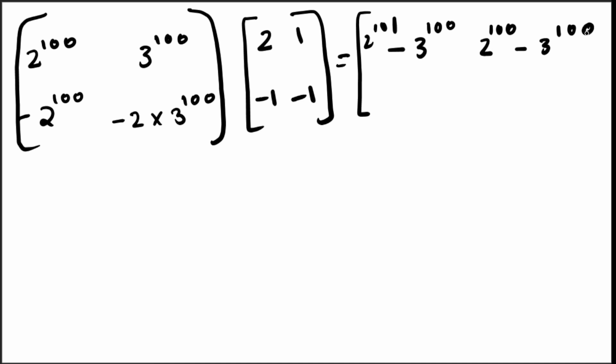minus 3 raised to 100, minus 2 raised to 100, okay, minus 2 raised to not 100, 101, okay, plus 2 into 3 raised to 100, okay, and then minus 2 raised to 100, okay, plus 2 into 3 raised to 100.